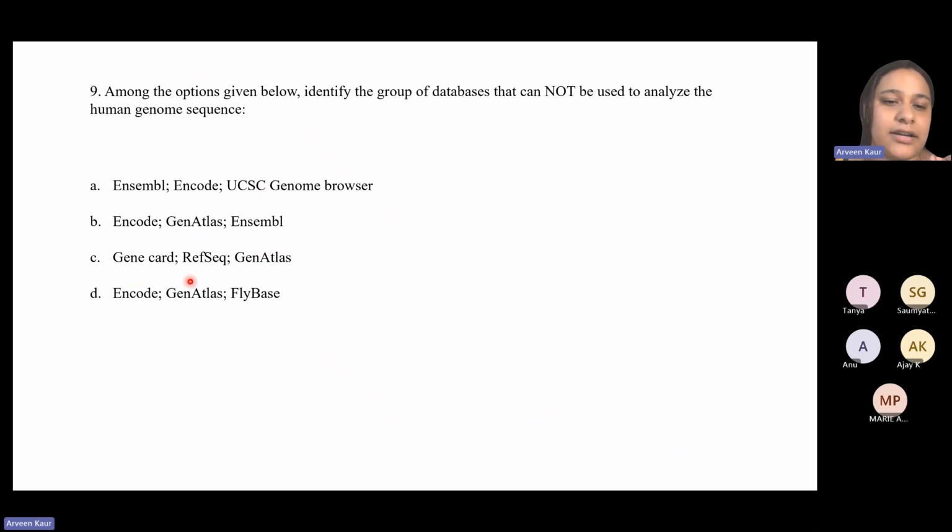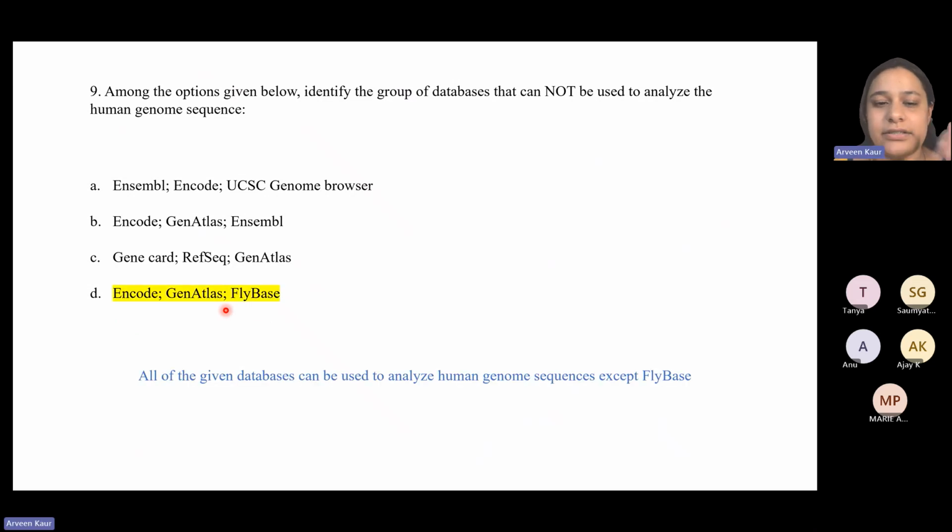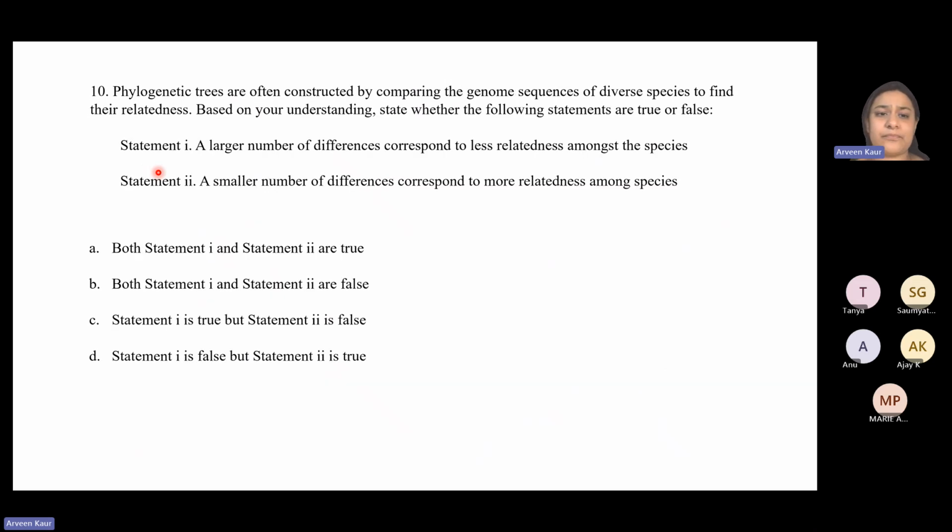C is GeneCards, RefSeq, and Gene Atlas, and D is ENCODE, Gene Atlas, and FlyBase. The answer is very simple, because FlyBase is a database for the fly, Drosophila melanogaster, genome, right? So that will not be helpful for human genome sequence. Thus the option is D.